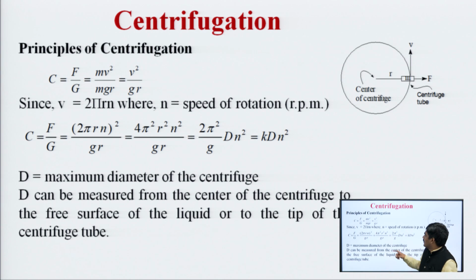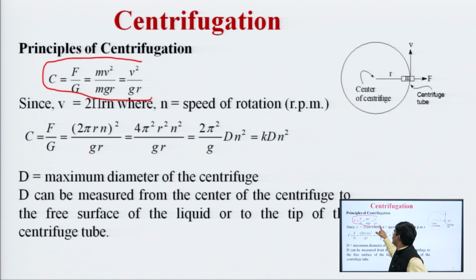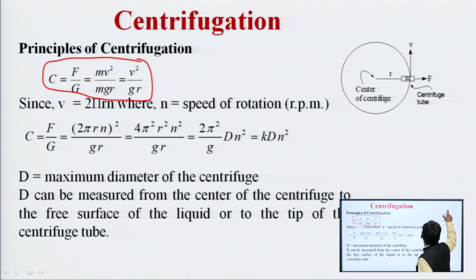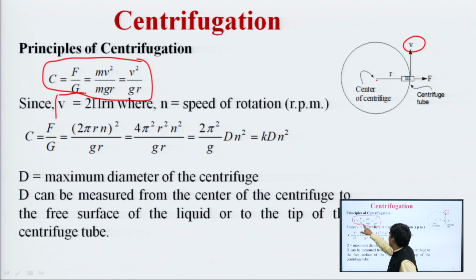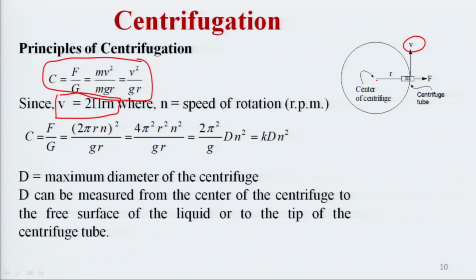Now, from the previous slide you have derived the equation C is equal to v square upon g r, where v is the velocity at which the object is moving. Since it is moving in a circular direction, v is equal to 2 pi r n, where n is the speed of rotation, that means revolutions per minute, the speed at which the centrifuge is moving.